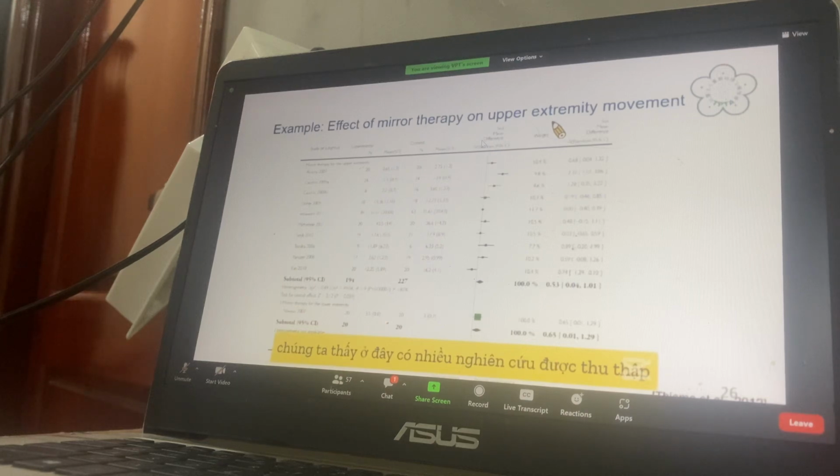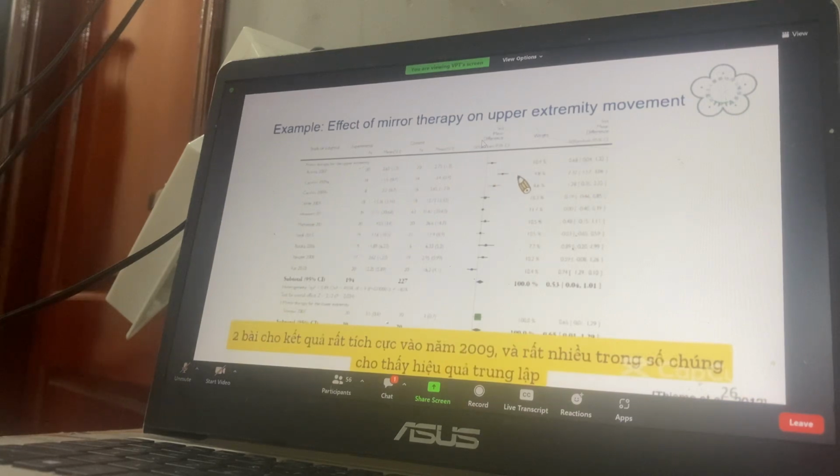And what we can see here, several studies are being included. 1 showed a negative result in 2010, 2 showed a very significant result in 2009, and then a lot of them showed a marginal effect.